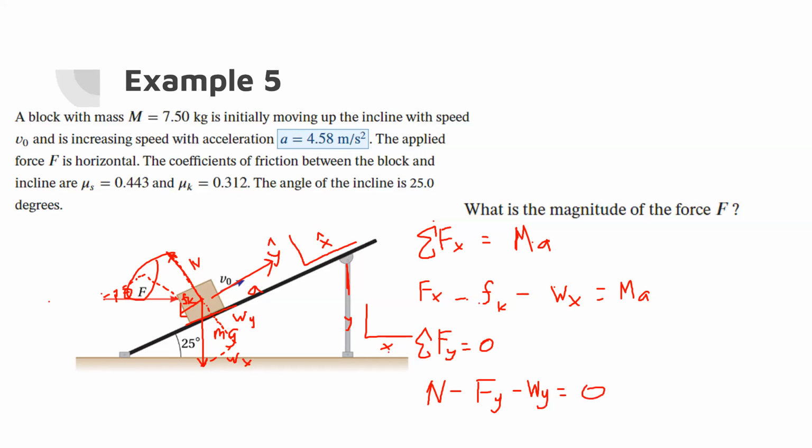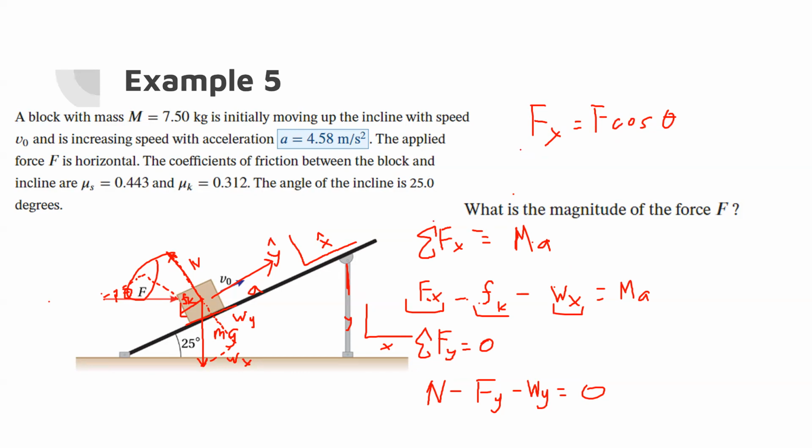And from here, I'm trying to find the magnitude of force F, which none of these equations so far can really tell me anything about. So what I'm going to do is write each of the components in terms of their magnitudes. And so for Fx, that's going to be F cosine theta.